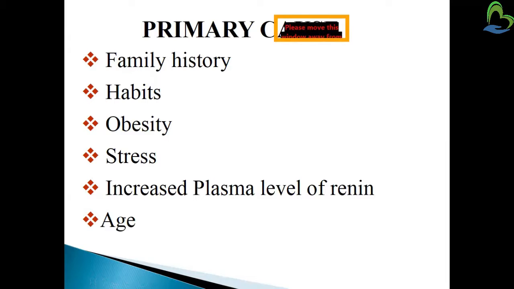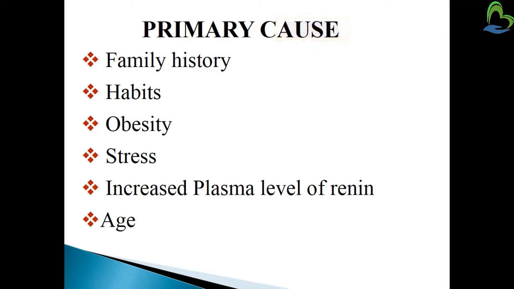We have already talked about how cholesterol deposition in the blood vessels lessens the diameter of the blood vessel, and definitely the blood will exert pressure on the blood vessels to flow through the system.